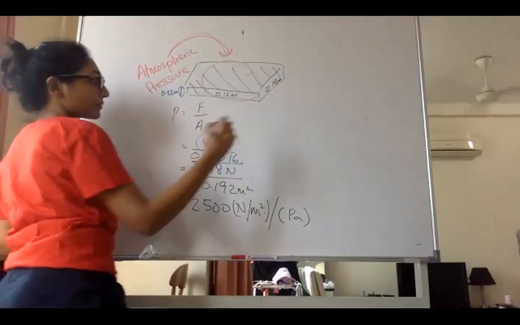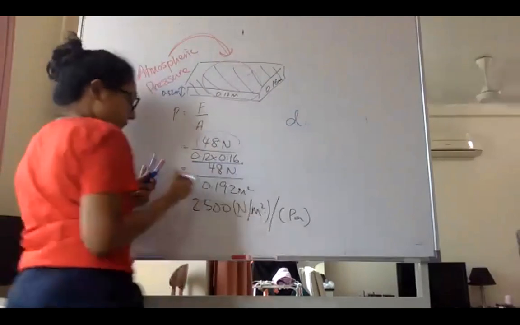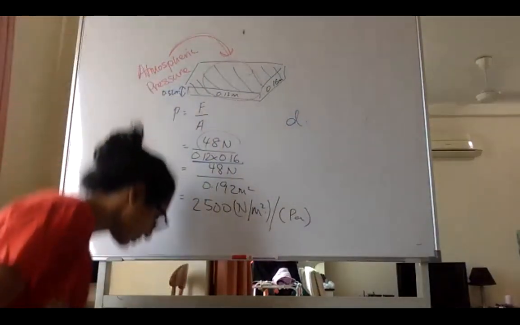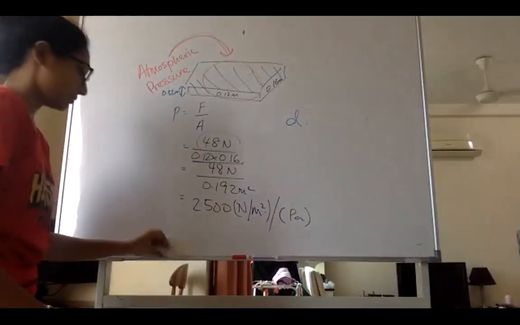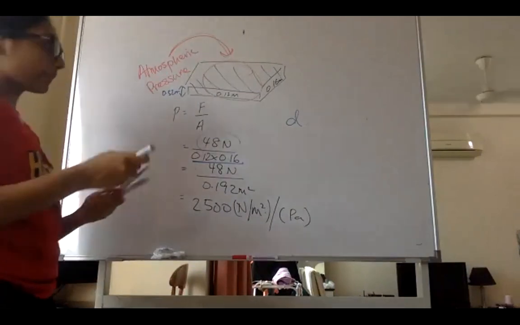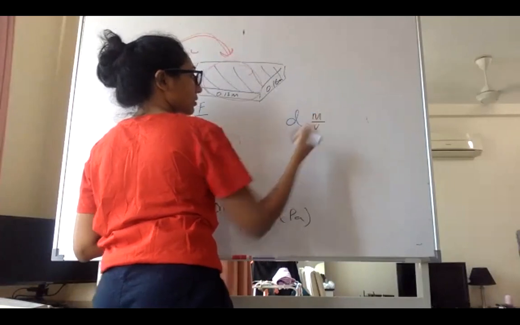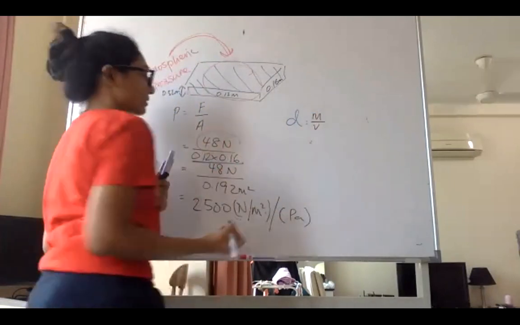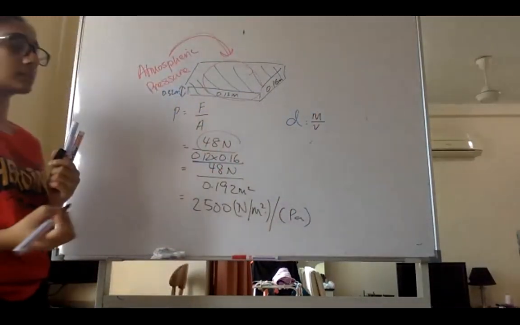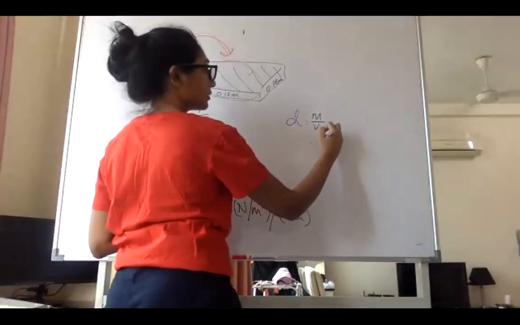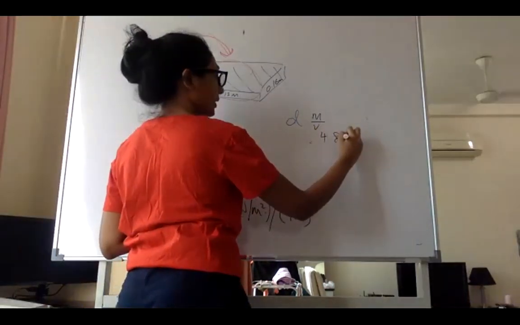Calculate the density. What's the formula for density? Mass over volume. What is the mass of the water? 4.8 kg.